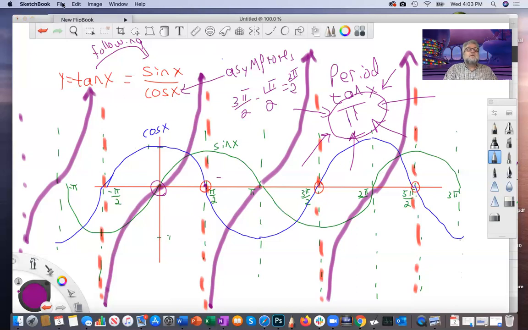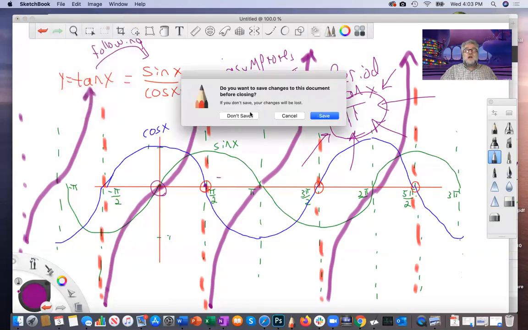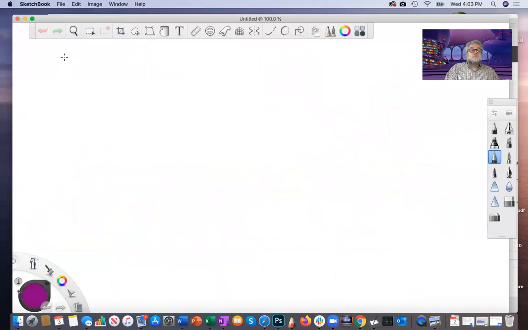Okay? Now, let's look at y equals cotangent x, which would be cosine x over sine x. So let me make my little thing again. I'll use purple.